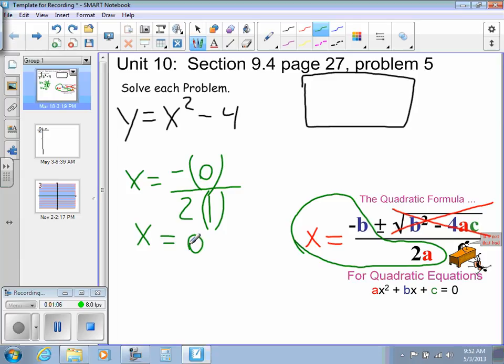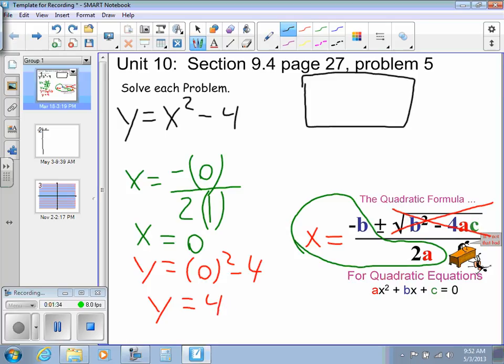Now, to find the coordinates of the vertex, I need to plug that back into the original equation and solve for y. So now I have y equals 0 squared minus 4. Well, 0 squared is, of course, 0, and then we're left with y equals 4.